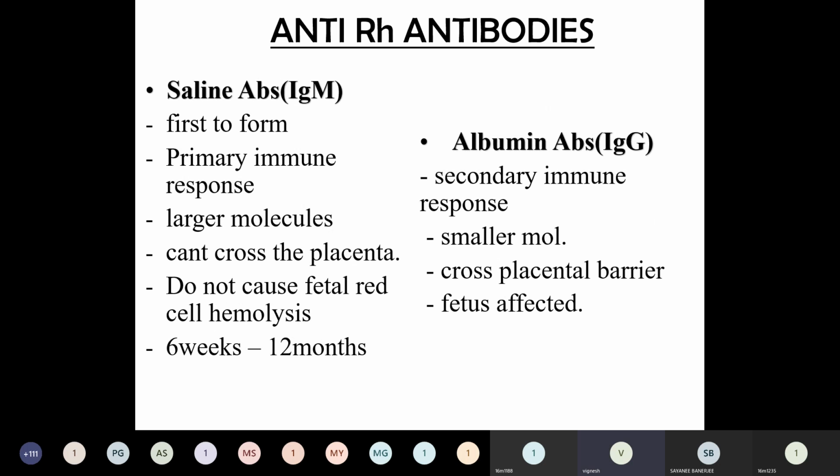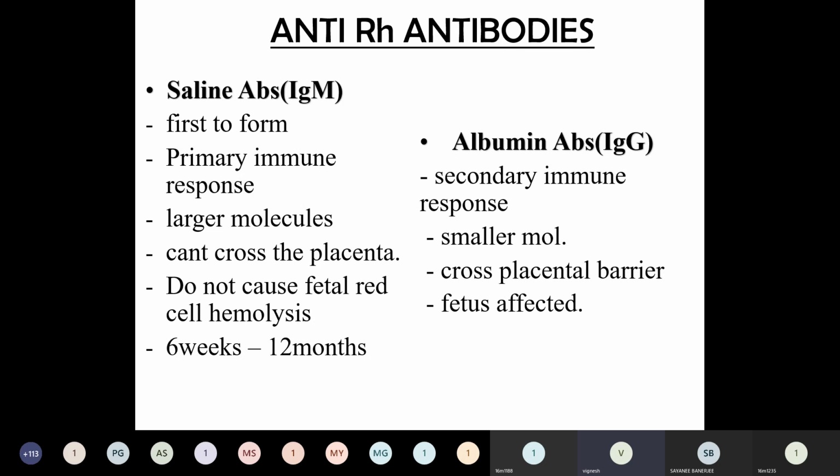So for Rh isoimmunization to occur, as I already explained, the fetal RBCs must pass from the fetus to the maternal side, and the mother should produce an antigenic response to these antigens. The various Rh antibodies involved are saline antibodies and albumin antibodies.